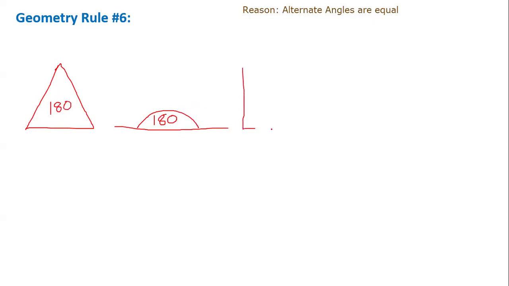So we did the 360. We did this one, vertically opposite. We did angles at a point.